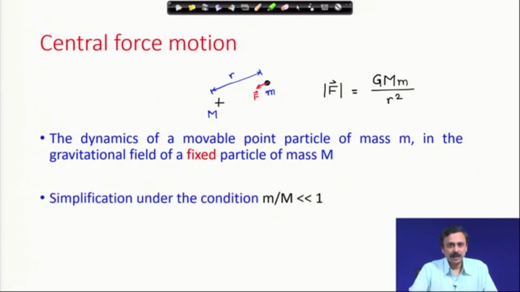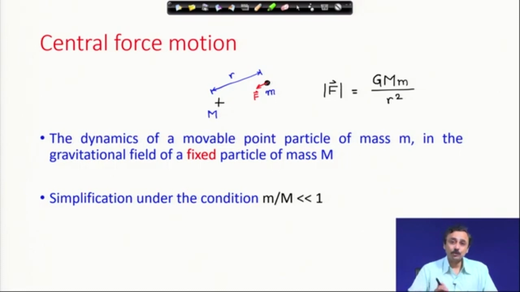Capital M we have fixed. Now, as a problem, I can always say that I fix in inertial space a large mass capital M and I study the dynamics. But for this study to be relevant to planetary dynamics, we have to make the assumption that small m by capital M, which is the primary gravitating mass, is much less than 1.